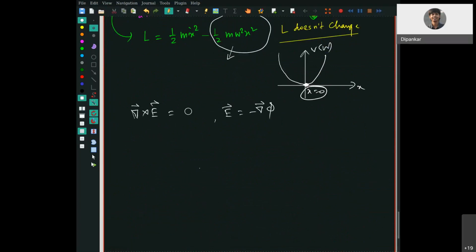But in the case of electrodynamics, this changes to minus del B del T. It's not 0, but do you say the electric field is non-conservative? This basically means that the electric field energy is being transformed into magnetic field energy and vice versa. So nothing is non-conservative here.